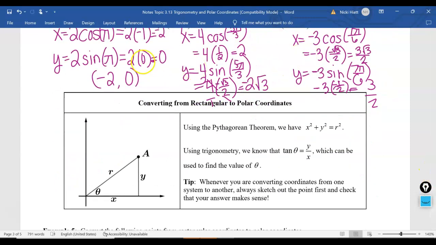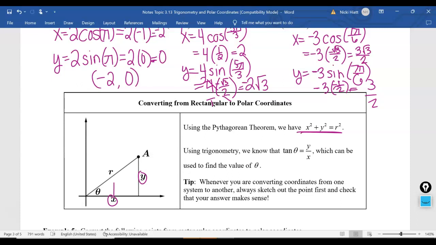That is what we're going to do for going from our polar coordinates to our rectangular coordinates. We are also going to be asked to convert our rectangular coordinates to polar coordinates. So if we're thinking about this picture right here, and we think about the scenario where we're given x and y, it's going to be very easy to find r, because all we're going to do is use the Pythagorean theorem.